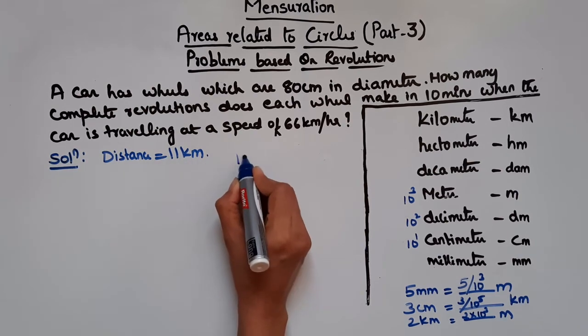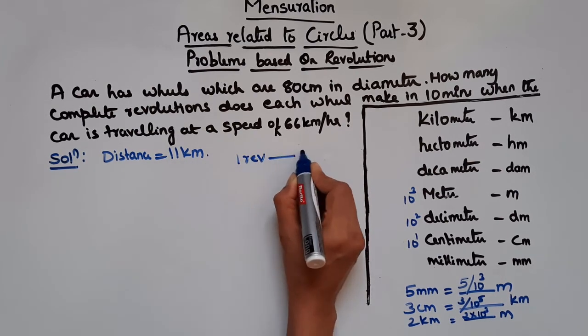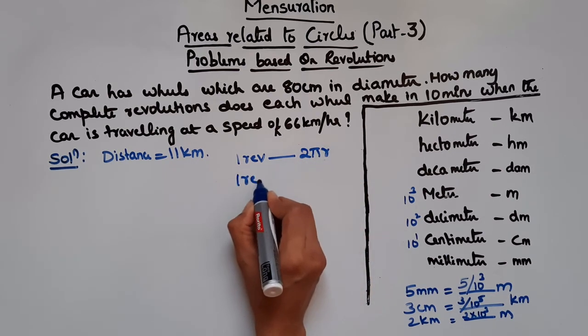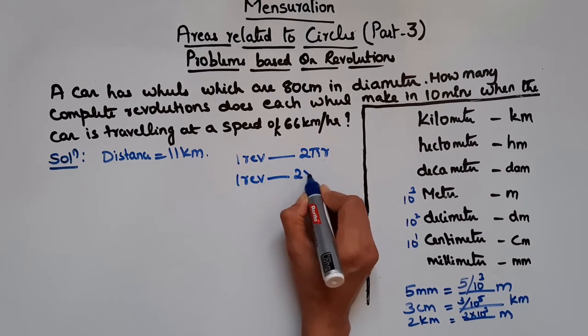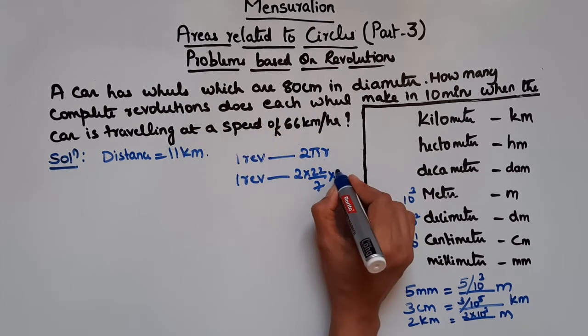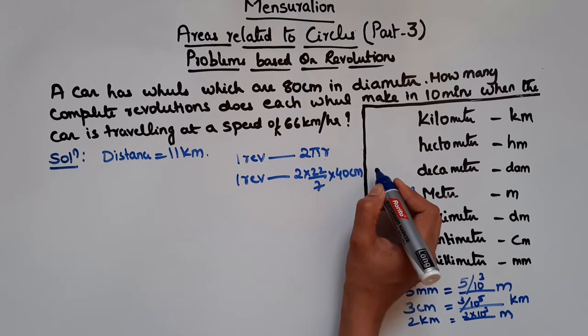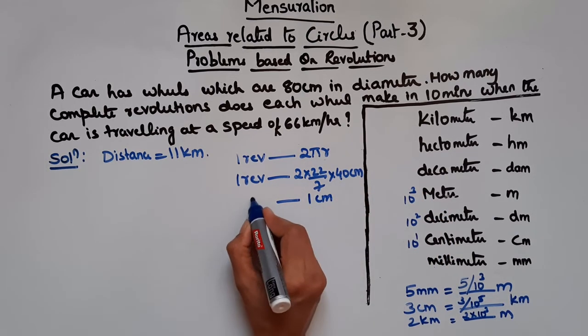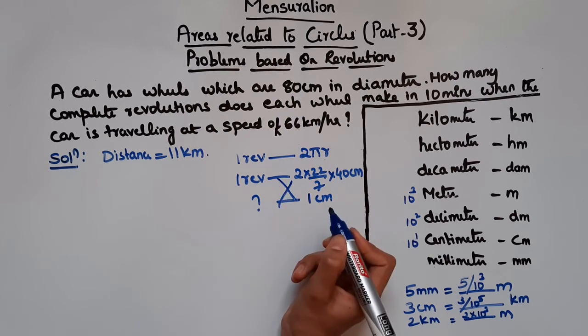We know for one revolution the distance moved is 2 pi r. So for one revolution we have 2 pi r, 2 into 22 by 7 into r, where r is 40 centimeter. So for 1 centimeter, what is the revolution? Cross multiply.